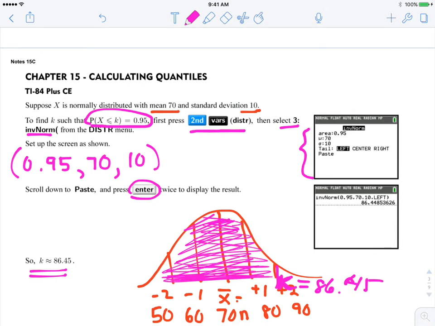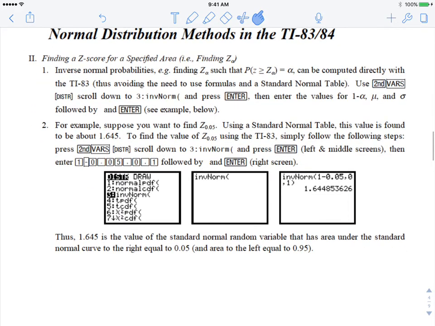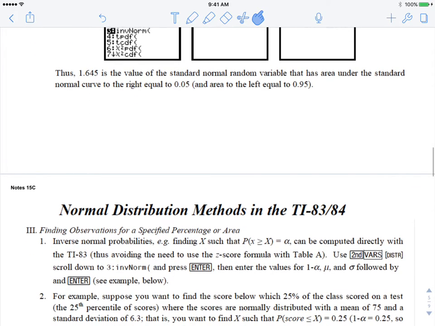So this 95% of those crabs will be 86.45 millimeters or less. I did put in just some more explanation. You can pause and read these in regards to the inverse norm.